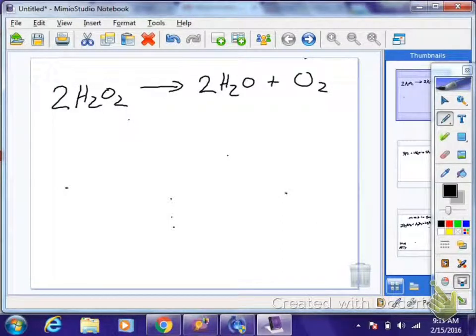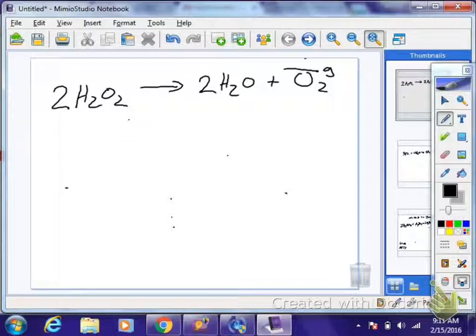So it says, what's the mass of oxygen produced? So here's O2. What's the mass of oxygen? I got to get there. I got to find that answer. Then, when 1.840 moles of H2O2 decomposes.